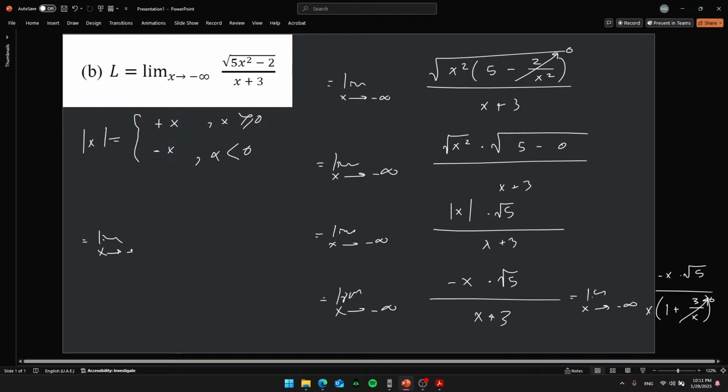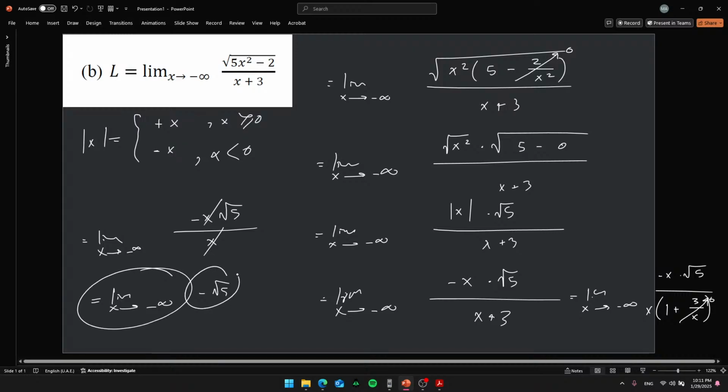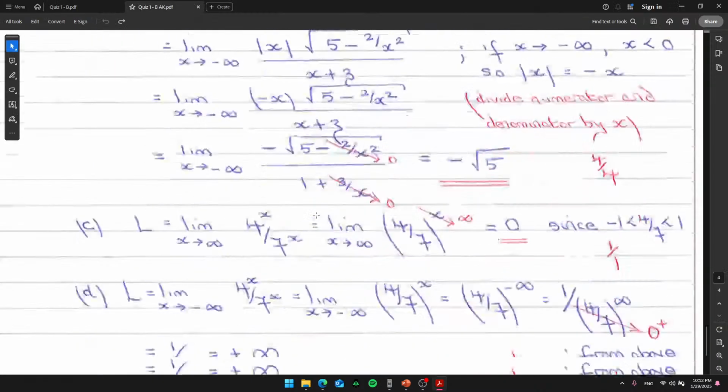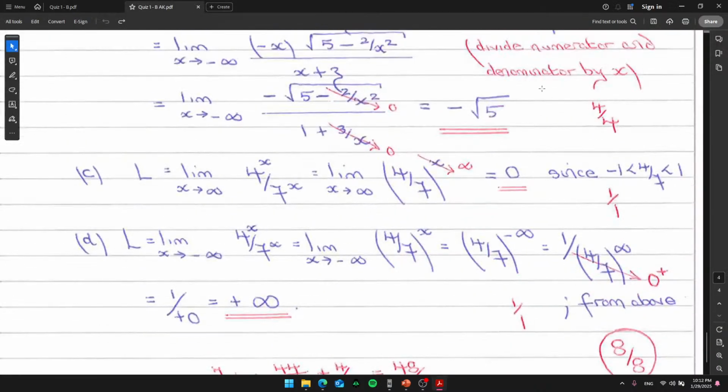Limit as x approaches negative infinity of negative x root 5 over x. The x's will cancel. So limit as x approaches negative infinity of negative root 5. And whenever you have a limit of a constant, it's simply the constant. That's how I solve it.